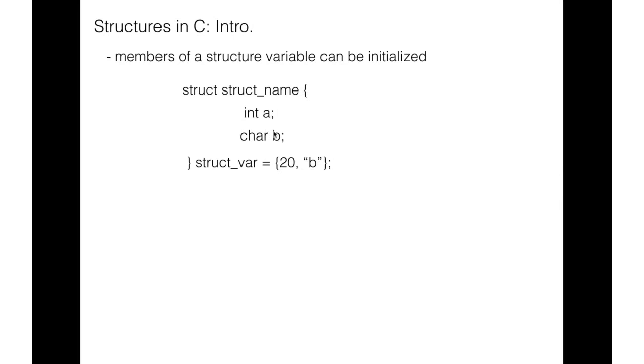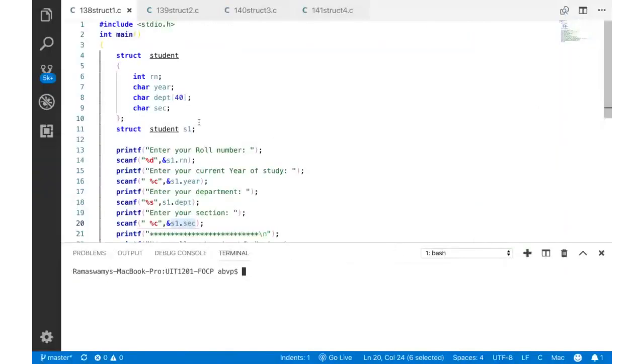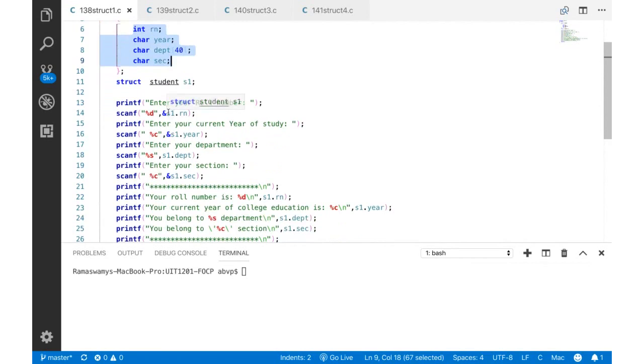Now let us see some programs in action. In this program, we have a structure variable S1 of type student, which is a structure. The members within this particular structure are RN, year, department, and section. So we have one integer and three character variables. We access these member variables using the dot notation.